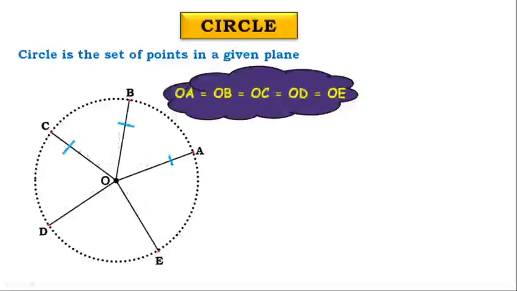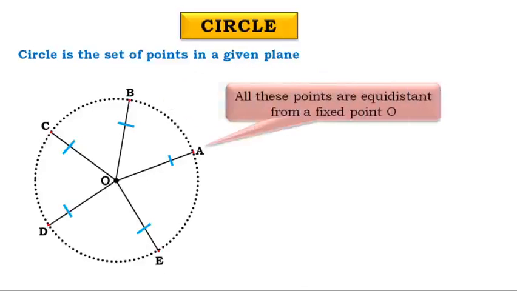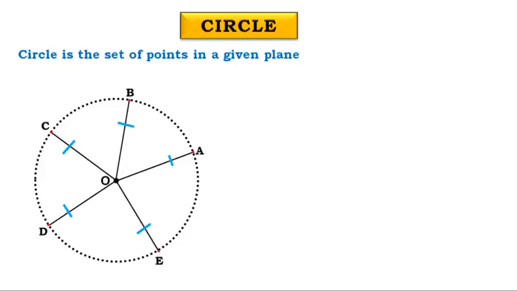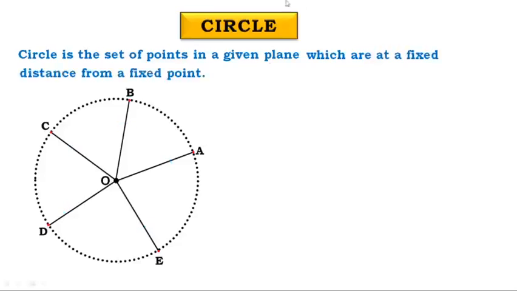Yes, they are equal, which means OA equals OB equals OC equals OD equals OE. And why? Because these points are equidistant from a fixed point O. So that was the definition of a circle, which says that it is a set of points in a given plane which are at a fixed distance from a fixed point.